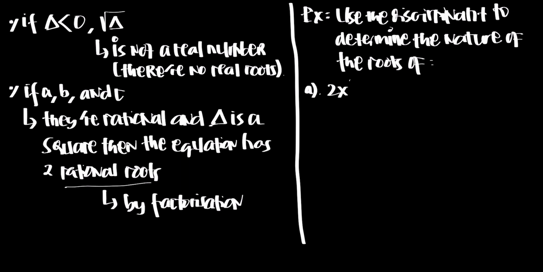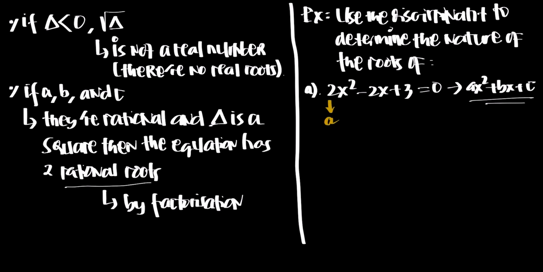When they give you 2x squared minus 2x plus 3, again, it goes to the form ax squared plus bx plus c, right? Now we have to identify the values of a, b, and c. That's a, that's b, then c. Then we can find the delta or discriminant.